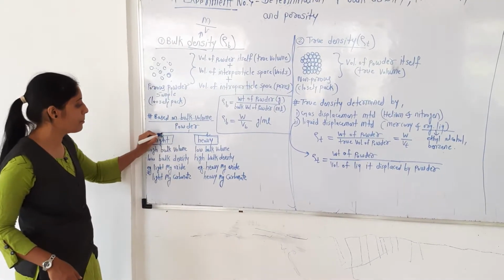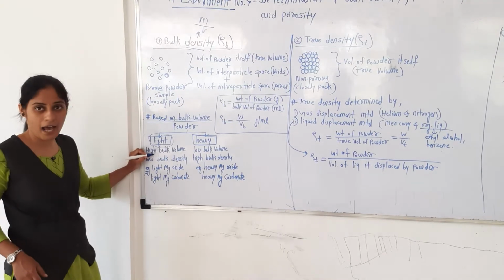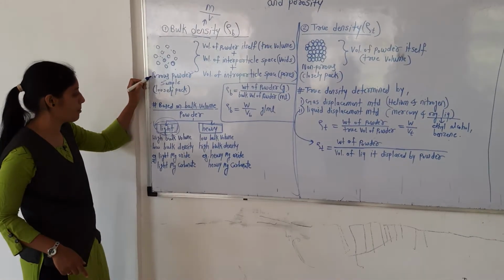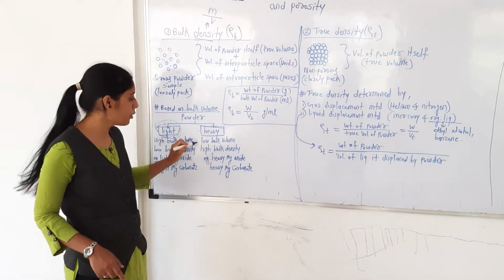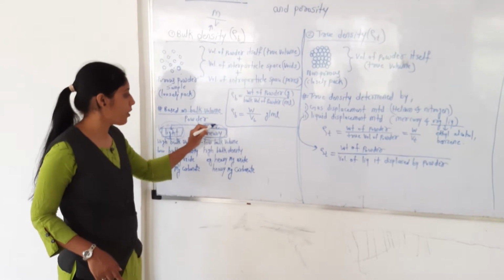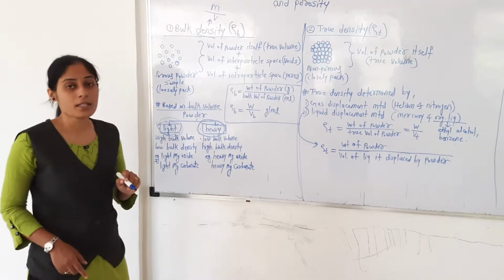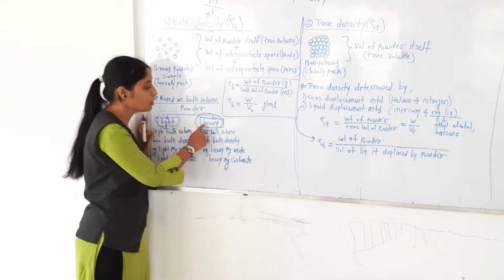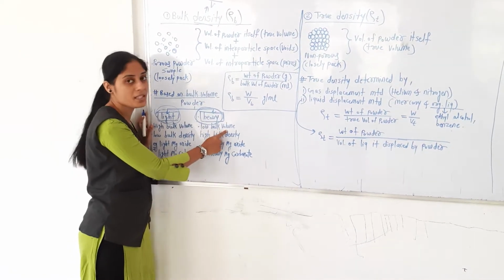In a light powder sample, the bulk volume is high, so this light powder sample is called a porous powder sample. In a heavy powder sample, the bulk volume is low due to the low pores. So the heavy powder sample is called a non-porous powder sample, because pores are not present, and due to that the bulk volume is low.